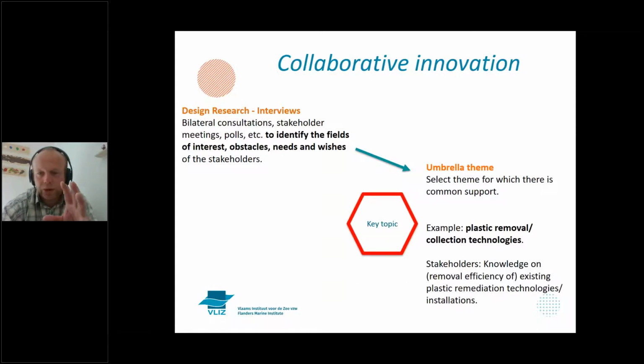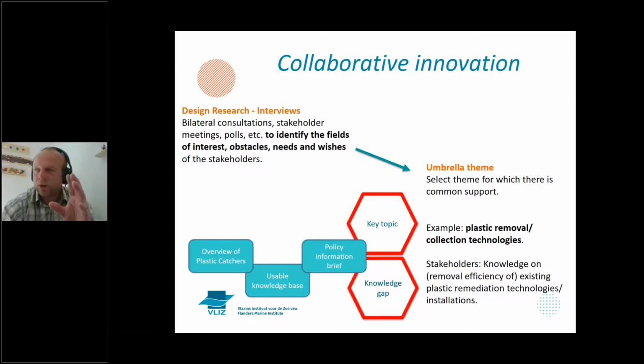So it was a key topic, and then together with the colleagues of the valorization and innovation department, we also saw the potential to compile all this information in a policy information brief. We can then spread this information again for other partners, because in our opinion it is a usable knowledge base, as an overview of plastic capture.